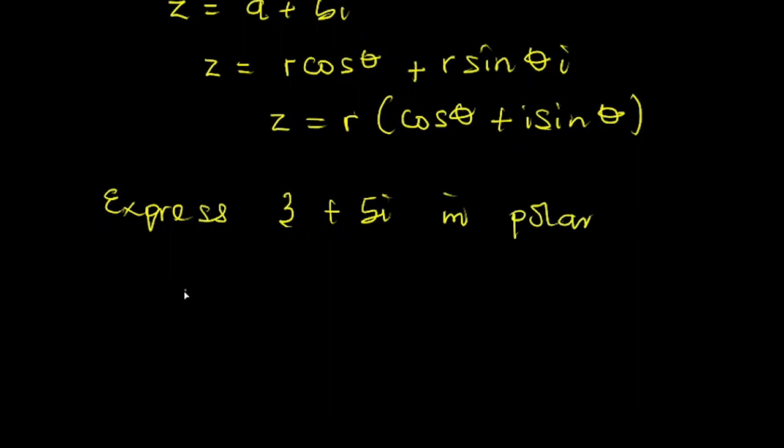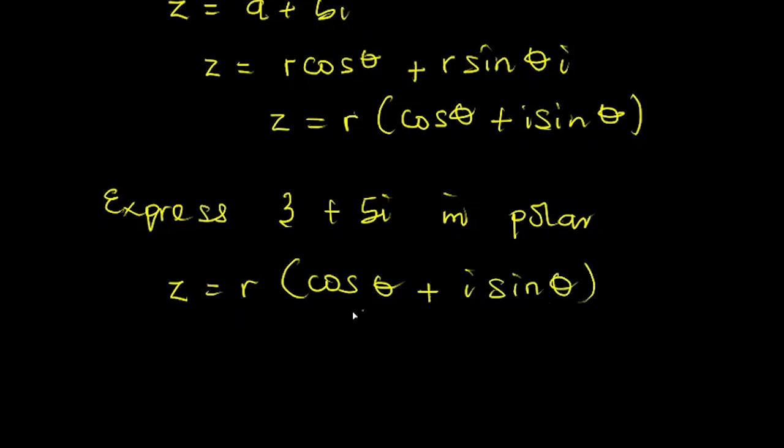We know that in polar form, z is equal to r cos theta plus I sin theta. The real part has the cos theta, and the imaginary part has the sin theta. So commit that to memory.